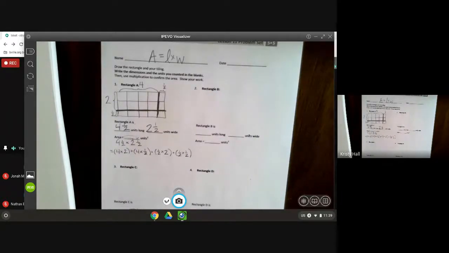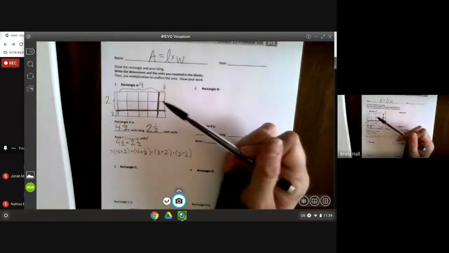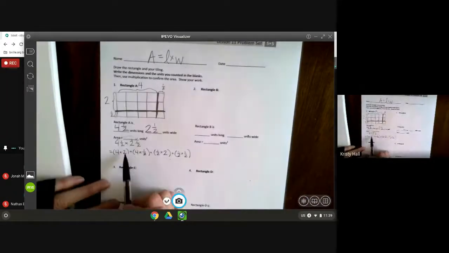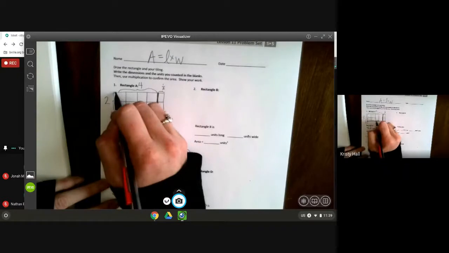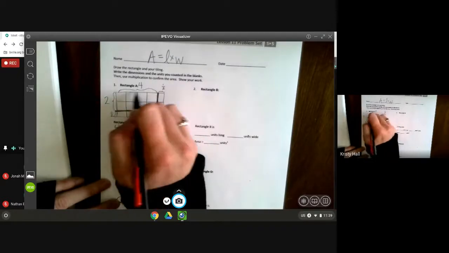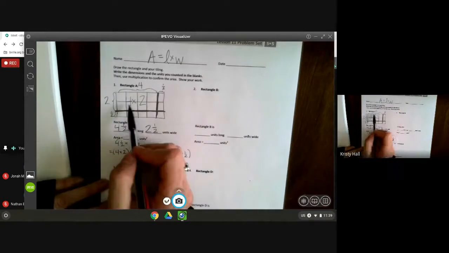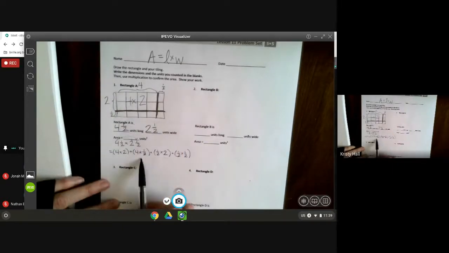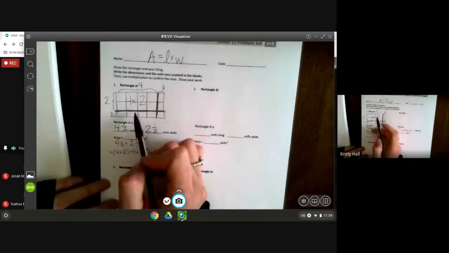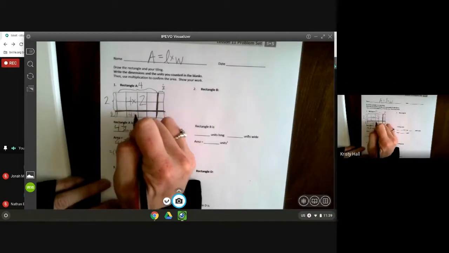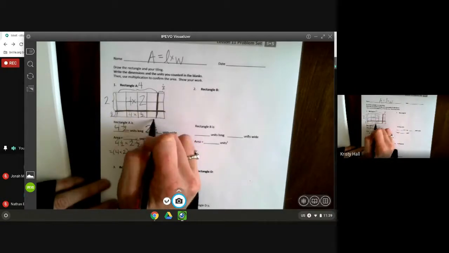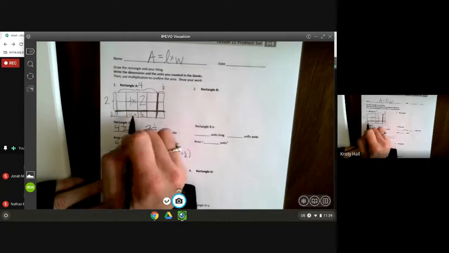So if I want to use my model here, the first thing I did was 4 times 2. That's finding the area of this block right here. That's 4 times 2, this first large section. The next thing I did was 4 times 1/2. So that's finding the area of this short and long rectangle.